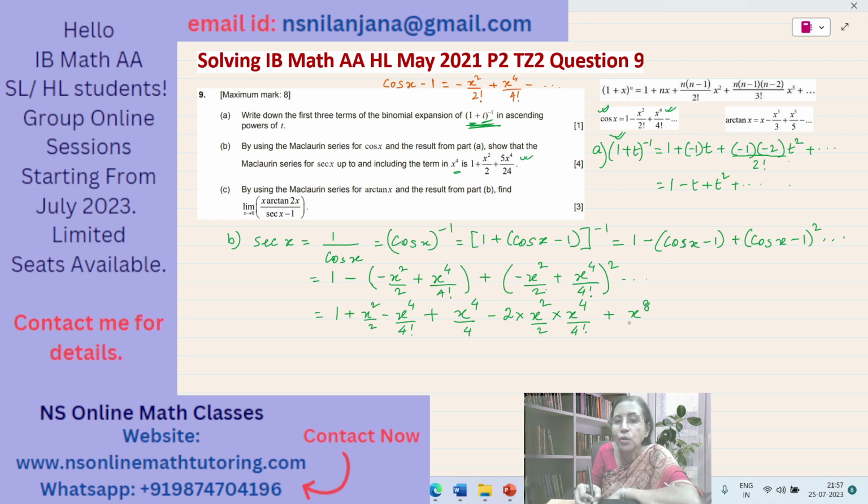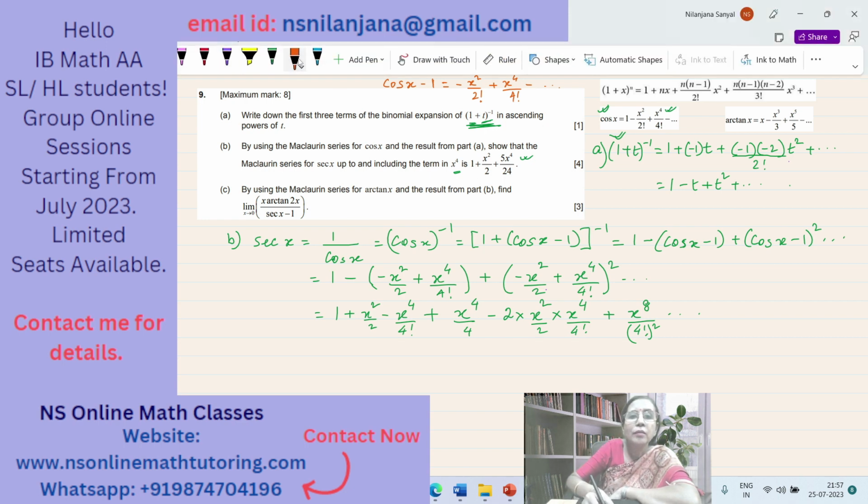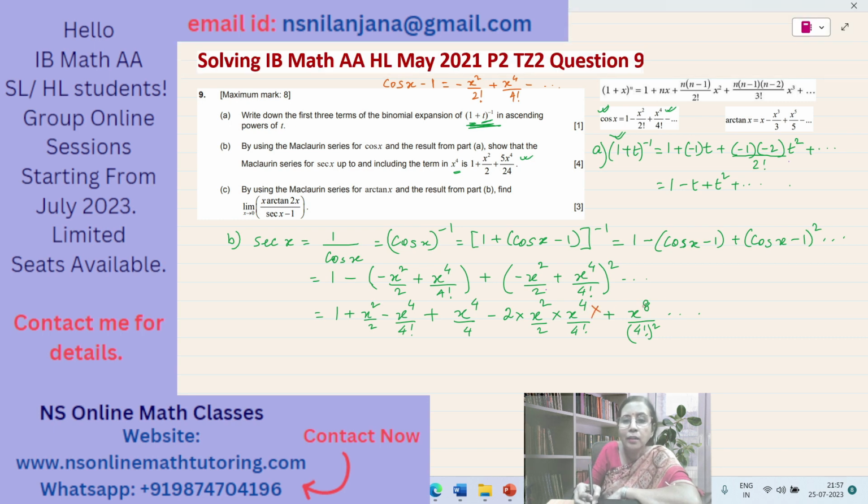So this should also get rejected, 4 factorial whole square and dot dot dot. So we do not need these two terms. We will be rejecting these two terms, this one and this one.